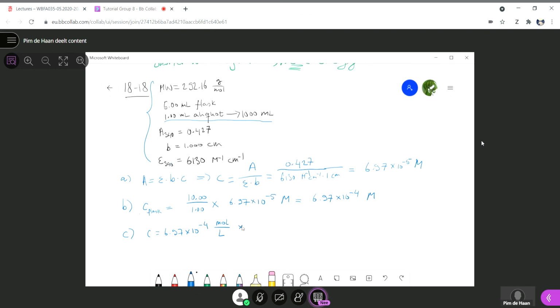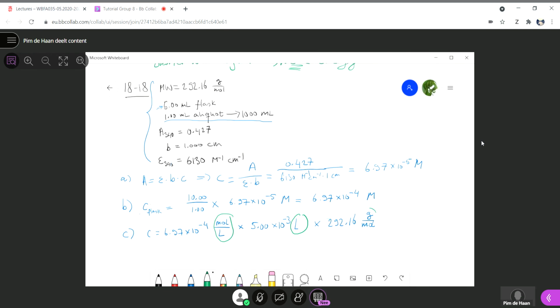That's here, 5 milliliters. Mole per liter times liter will give you moles. And then we're going to multiply that with 292.16 grams per mole.